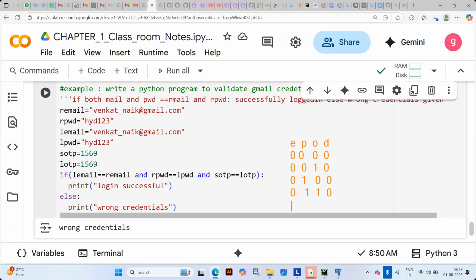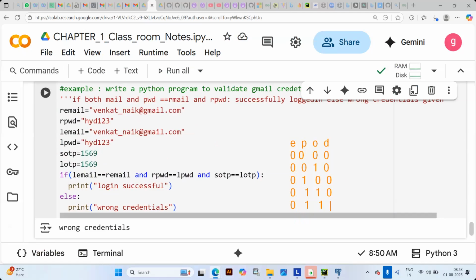Or else you can take 1, 0, 0, then 1, 0, 1, 1, 1, 0, and so on up to 8 combinations. Sorry, just hold on.